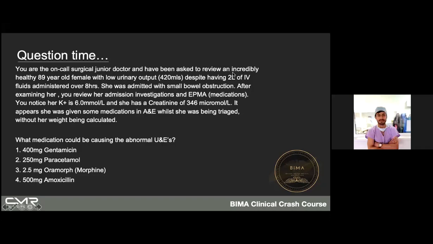Oromorph would be the second, but because the dose of the oromorph is quite low, I wouldn't be too worried about the morphine causing any kidney damage. But this question will now lead you onto the renal causes of AKI.